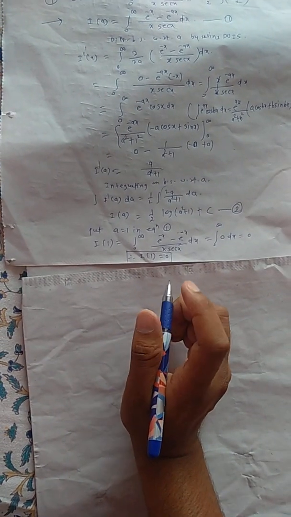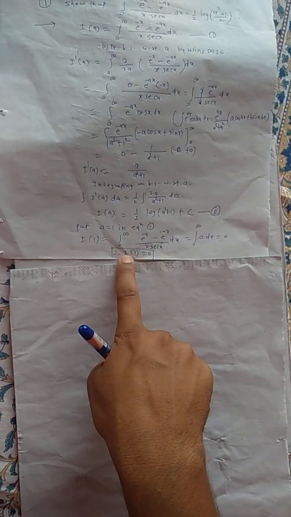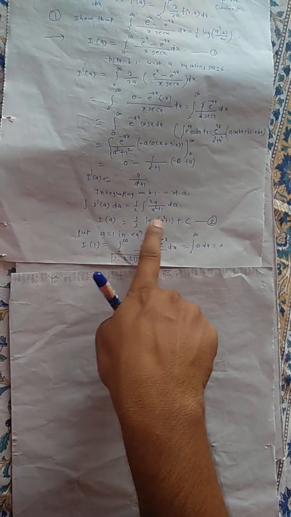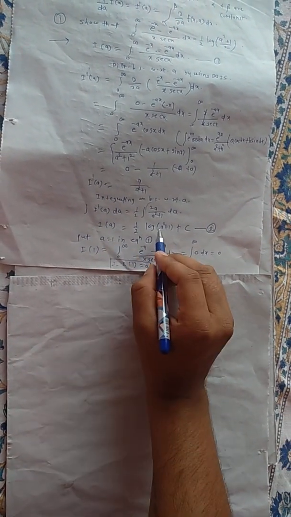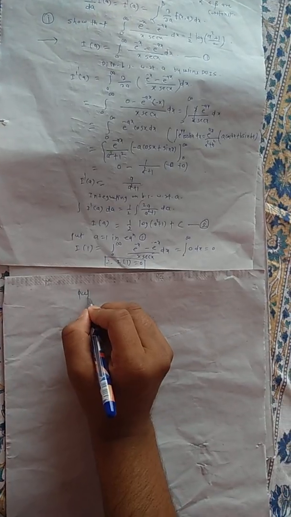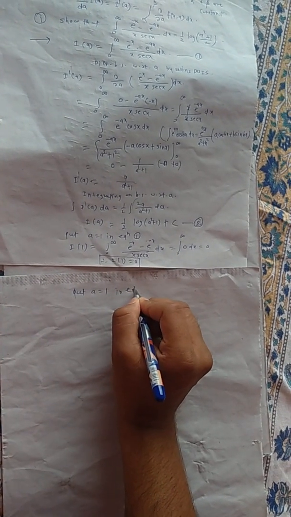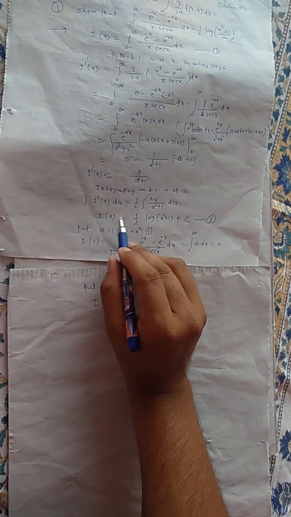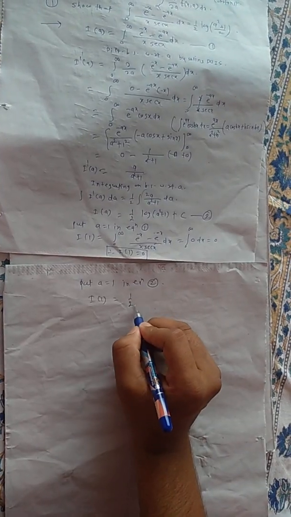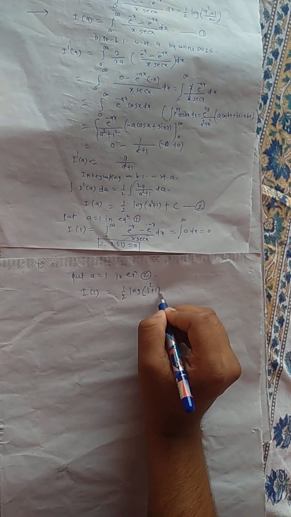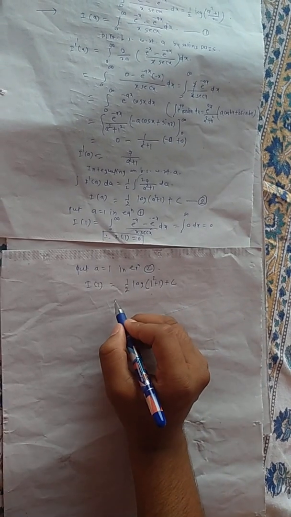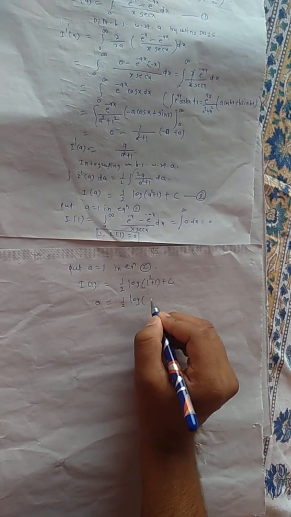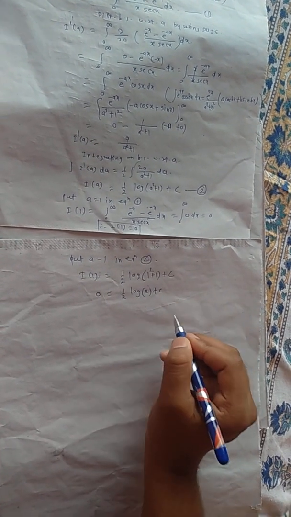Now we already get that I of 1 is 0. Now in the same way I will put a is equal to 1 in equation number 2. So put a is equal to 1 in equation 2, so that becomes I of 1 is equal to 1 by 2 log of 1 square plus 1 plus constant of integration c. 1 plus 1 is 2 and I of 1 is 0, we already have, so 0 is equal to 1 by 2 log of 2 plus constant of integration c.